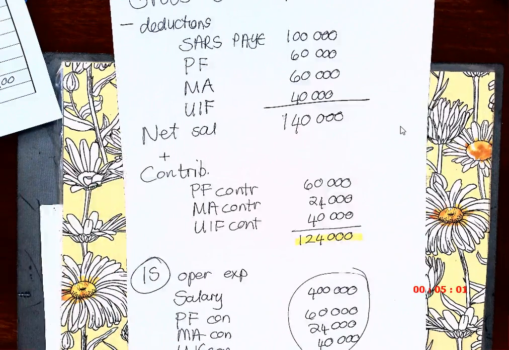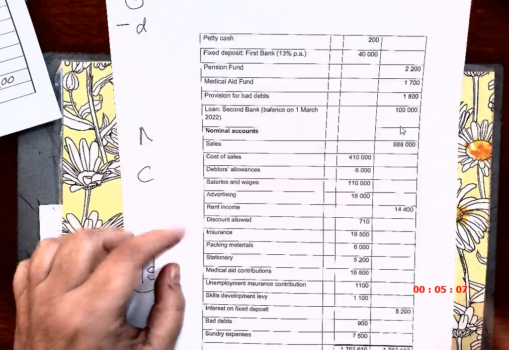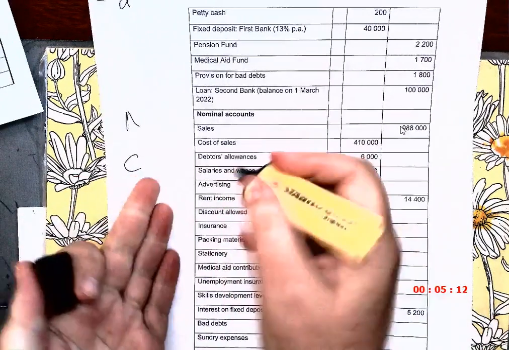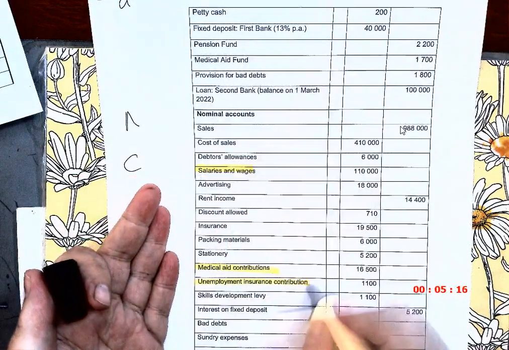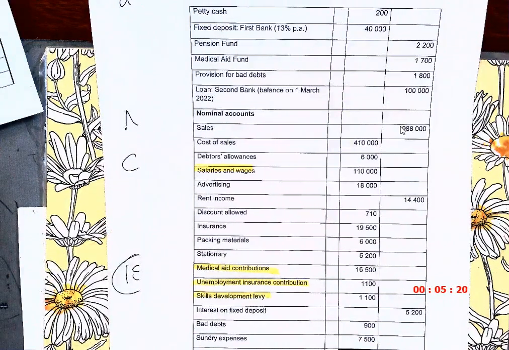Now, if you look at your nominal accounts section, you will find salary and wages, you will find contributions. What's a skills development levy again?